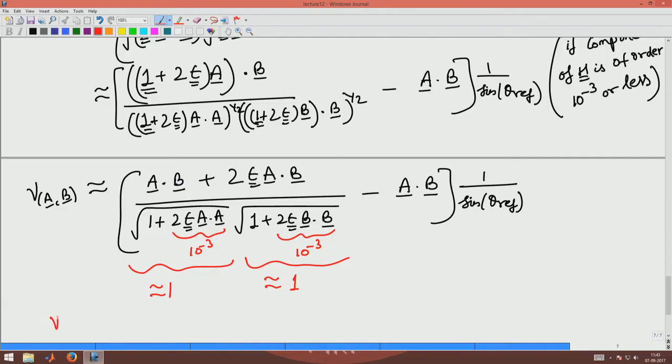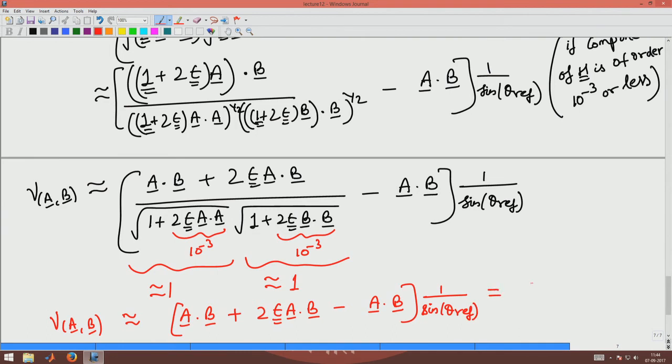Okay. Then what happens is gamma A comma B would approximate to A dot with B plus 2 times epsilon A dot with B minus A dot with B, into 1 by sine theta ref.